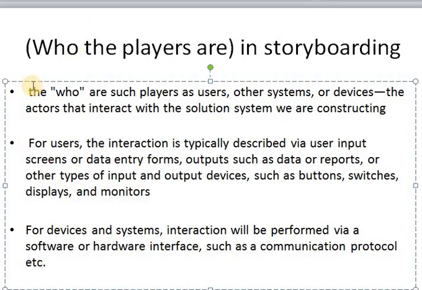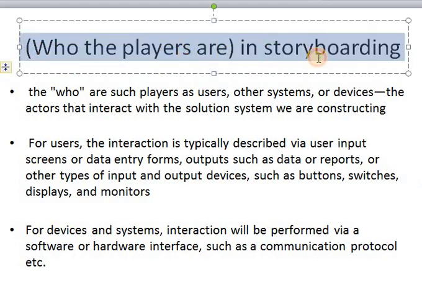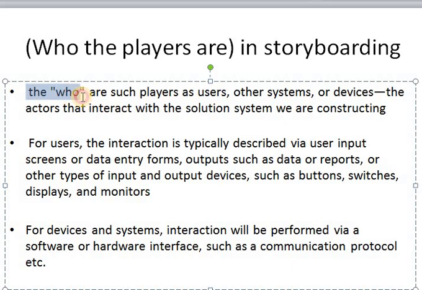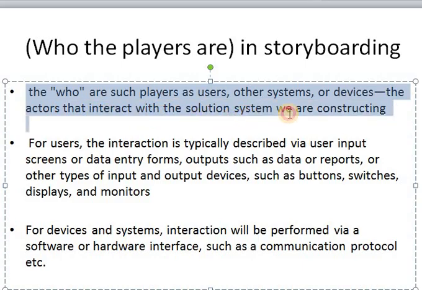So now we will see who the players are in the storyboarding. As we have mentioned earlier, the who are such players like the users, the other systems, or the devices, meaning the actors that will interact with the solution system we are developing.